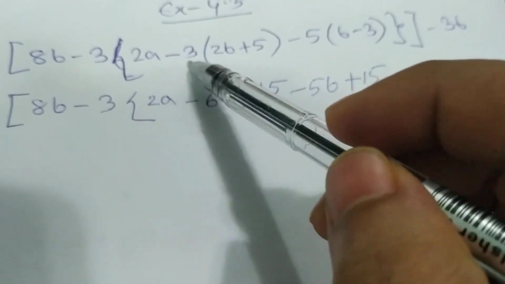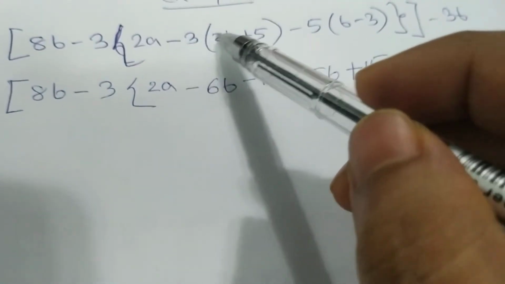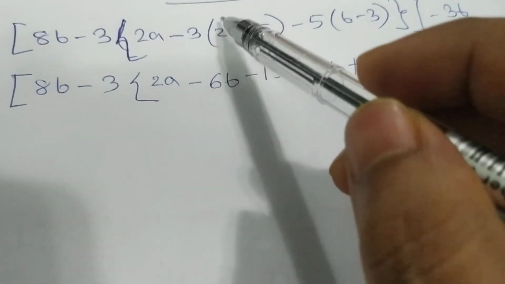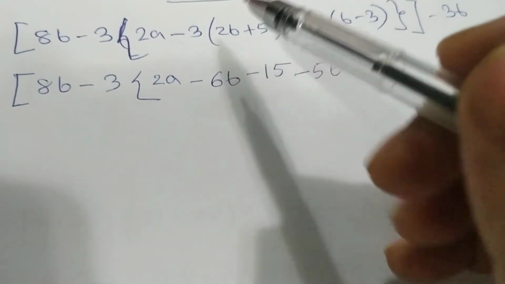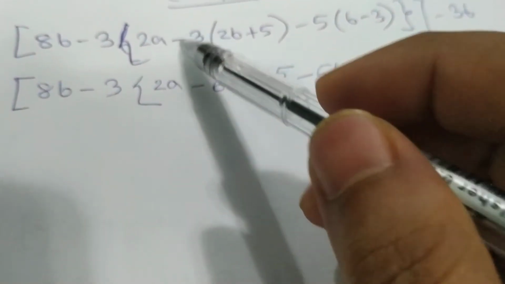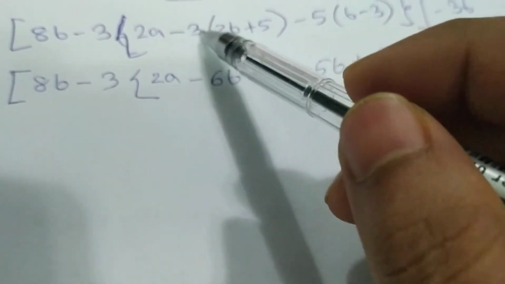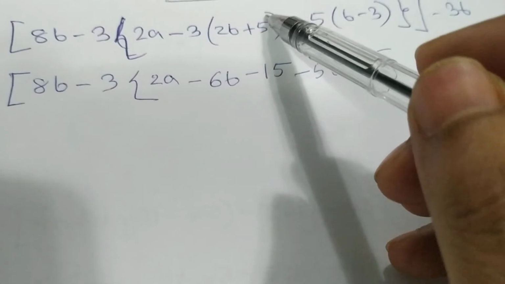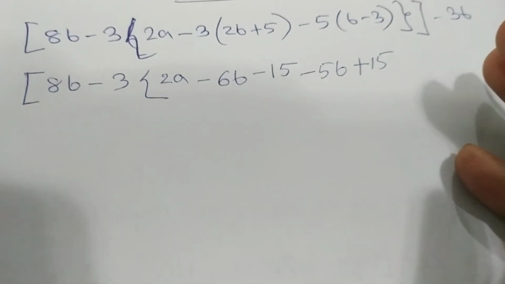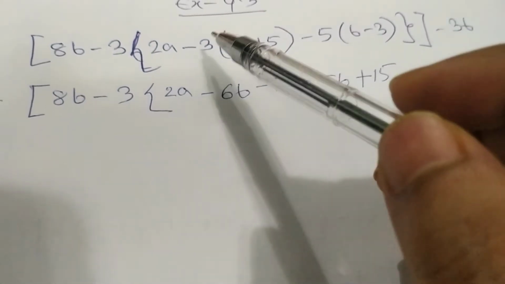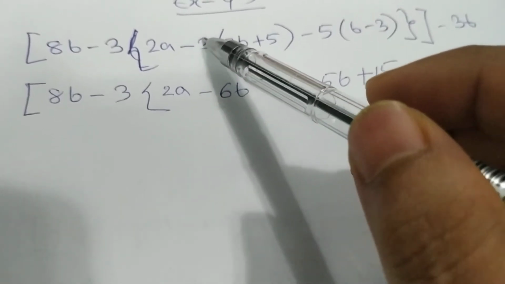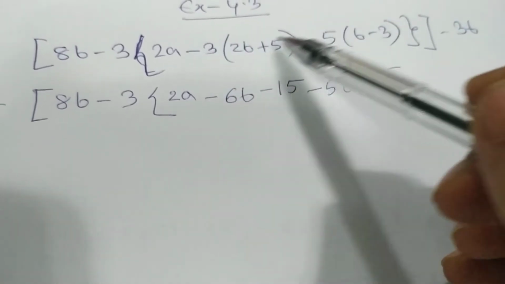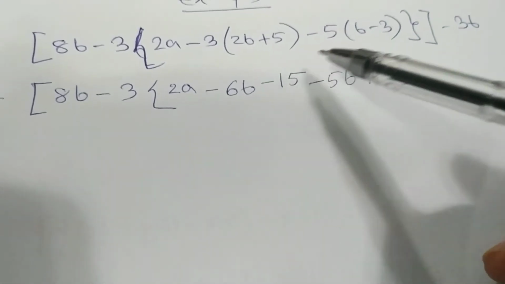I need to consider the whole minus 3, then I need to multiply with the terms within the first bracket. This is how it goes. If I have a plus sign, I need to consider the plus sign with the number, and I need to multiply that with the terms in the bracket. That is how we actually multiply. Always we need to consider the sign before the number while multiplying with the terms in a bracket.